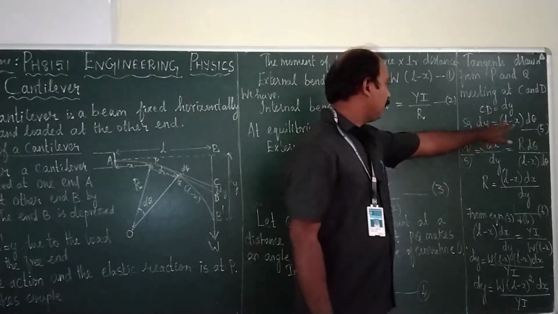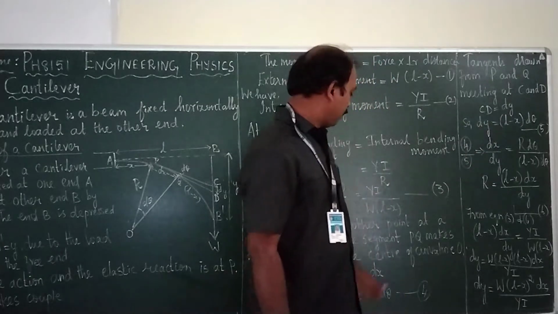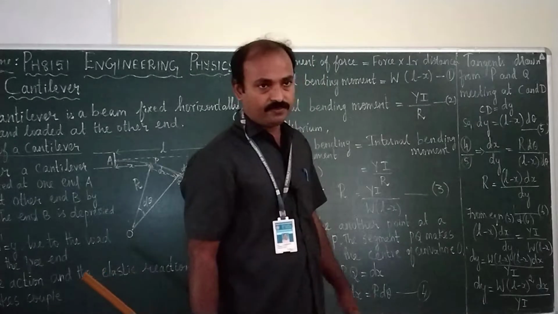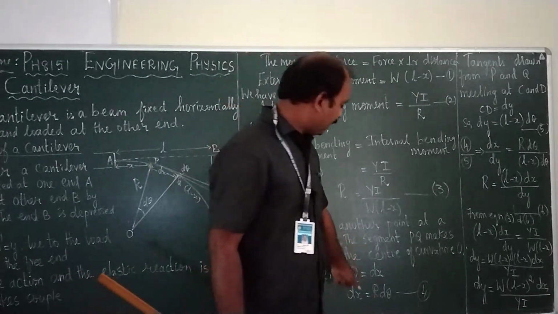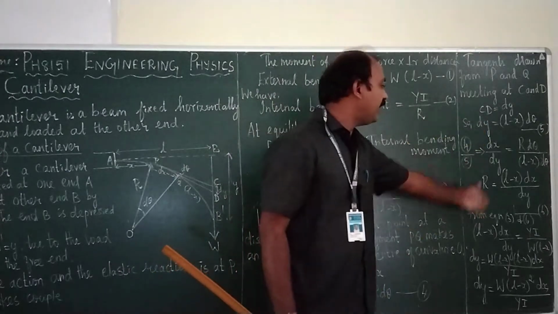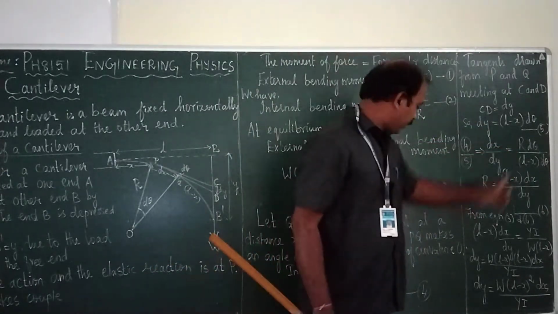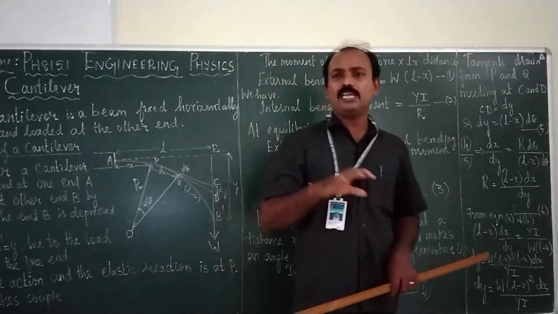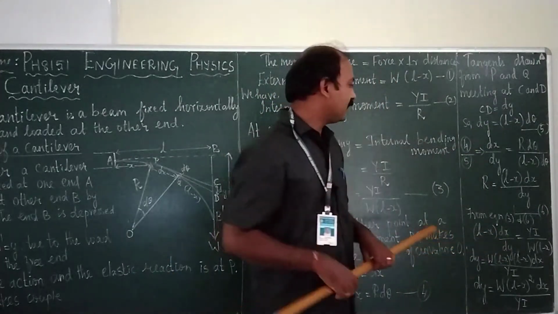That is equation number 5. Just divide equation number 4 and 5. From 4 the dx value is there, then from the fifth equation dy. So dx by dy, that is d theta divided by L minus x into d theta. Here the d theta values are common, so you can cancel out.